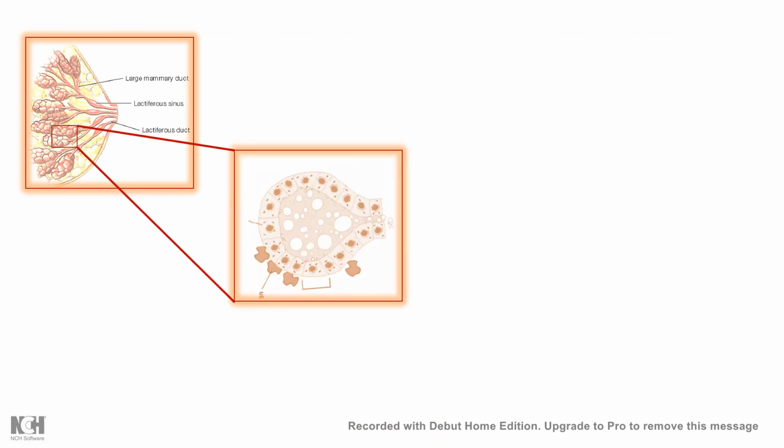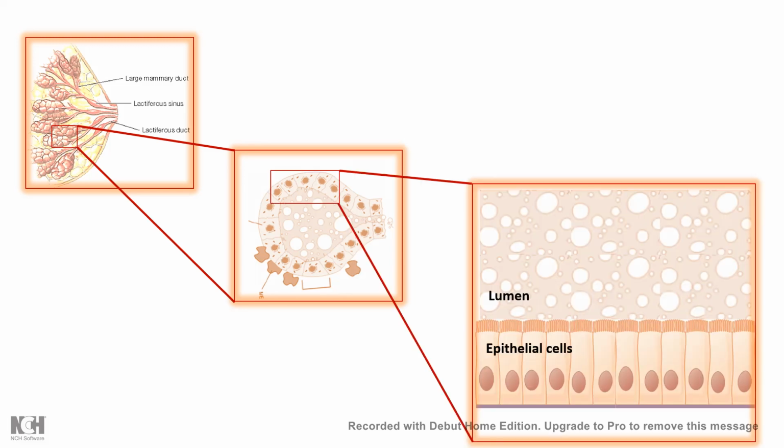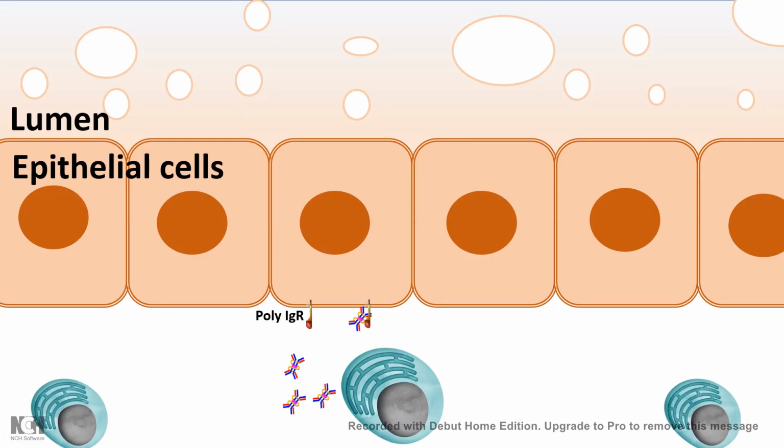In breast milk, the IgA antibody is basically secreted. So how does it happen? If we look at the milk ducts, we see there are epithelial cells and the lumen. The plasma cells secrete antibodies which are IgA in nature, and they bind to poly-Ig receptors on the epithelial cells.